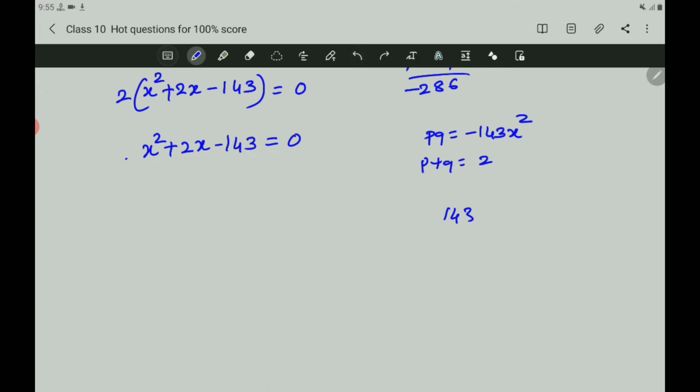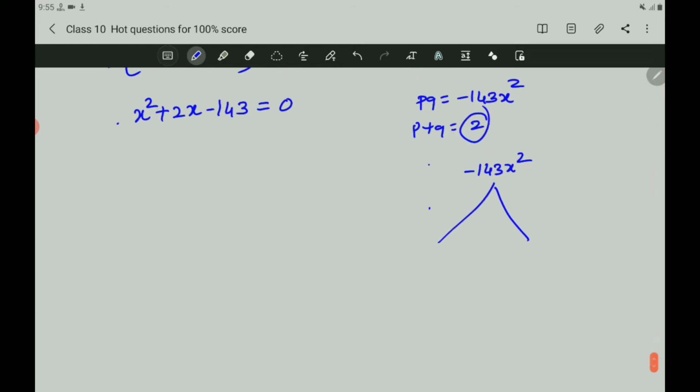So you can say that it is divisible by 11. If you factorize it, 11 ones are 11, and 3 is remaining, 11 threes are 33. So the factors: you can write 143 x square.